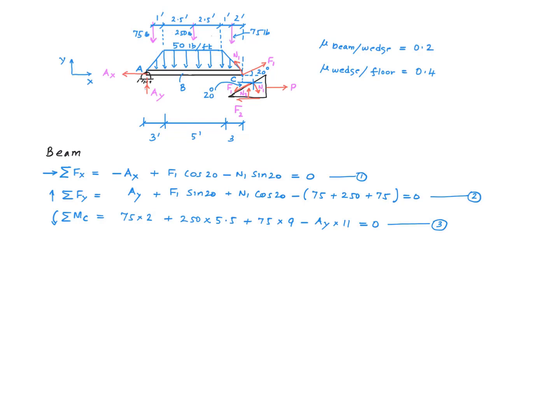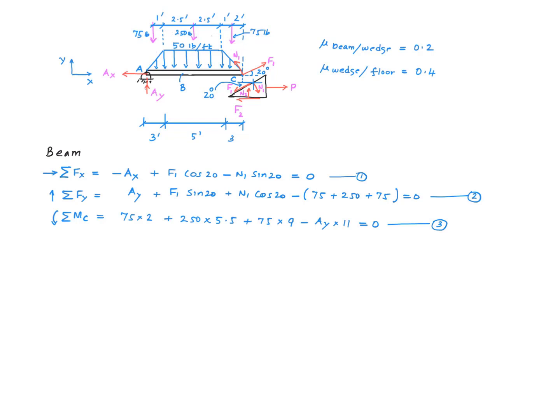You can take the moment about either point A or point C. Here I have chosen to write it down about point C. Taking the counterclockwise moment as positive, the moment associated with 75 pounds is 75 multiplied by 2 feet, right?